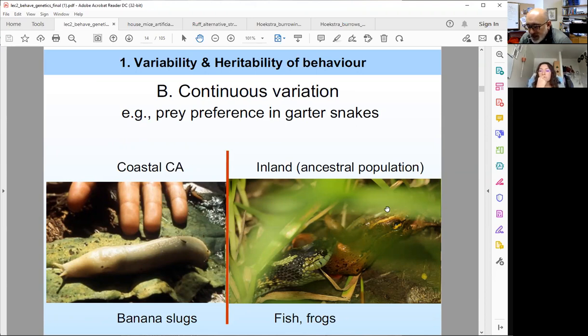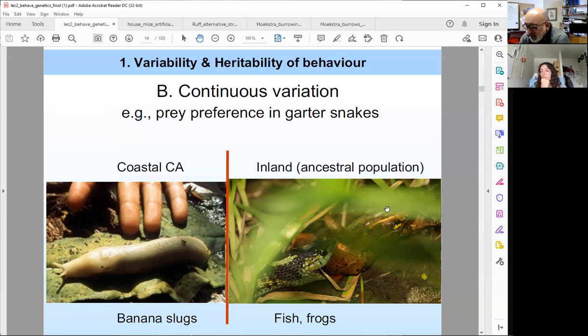But there is a population of garter snakes that live in coastal California that are derived from the inland population. That is, we call the inland population the ancestral population. But this coastal population of garter snakes has evolved a preference for eating banana slugs, which are not available inland.